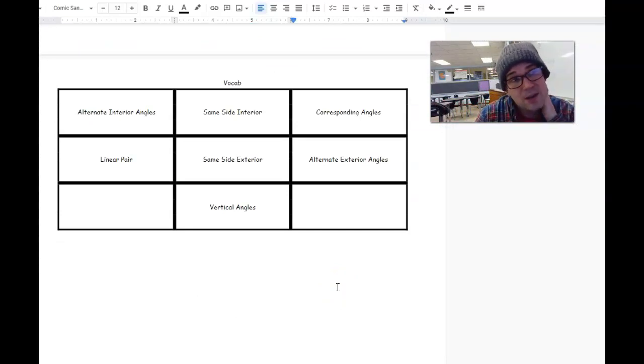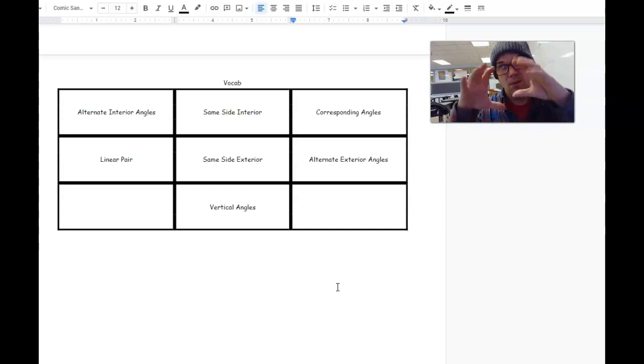And in your head, it's kind of like we have some opposing ideas. Like it's either corresponding, vertical angle, linear pair. They're kind of their own thing. And then for the other 4, it's either going to be alternate, meaning different sides of the transversal, or same side, meaning same side of the transversal.